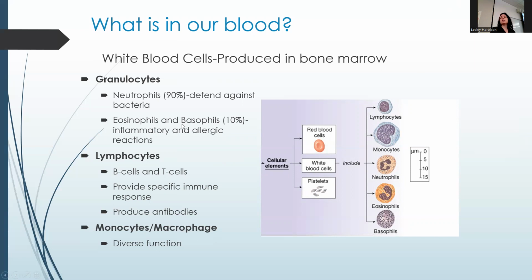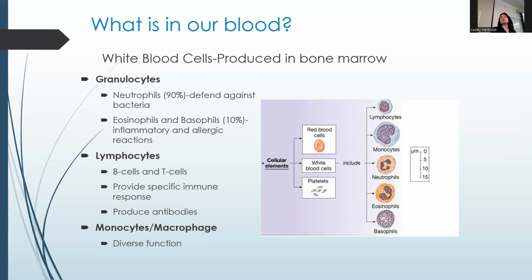Then you have the eosinophils and the basophils, which make up about 10%. Those start inflammatory reactions or allergic reactions. So those can be the ones that tend to overreact when we have something going on.